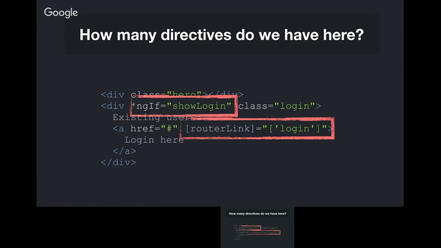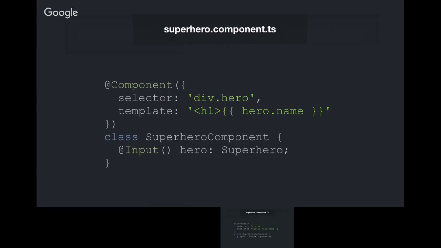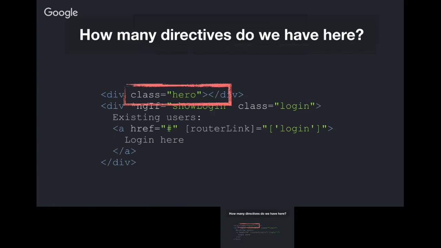We can't have much more, unfortunately. Of course, if we have components like this hero component, which matches all div elements with class names which have hero, for instance, in this case we have one more. So we have 3. And it is not quite obvious at build time which directives are used in which templates.